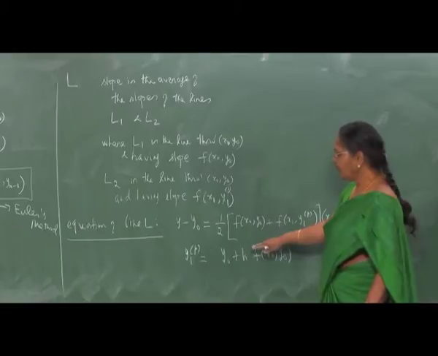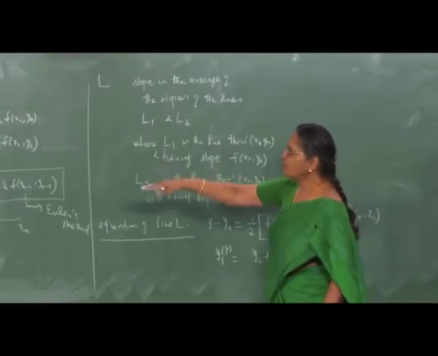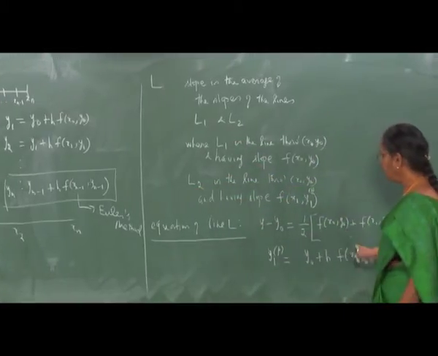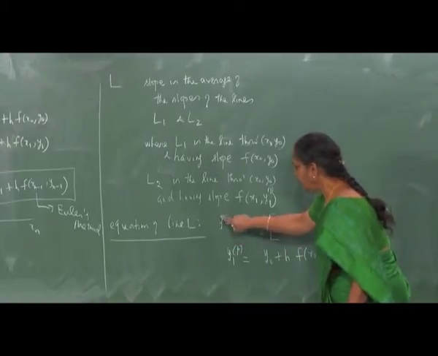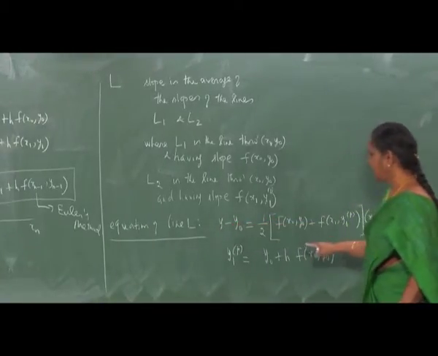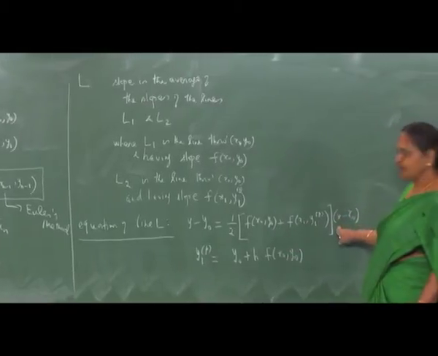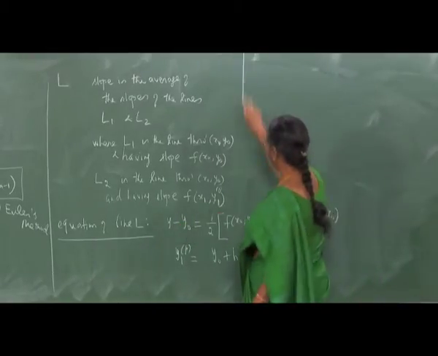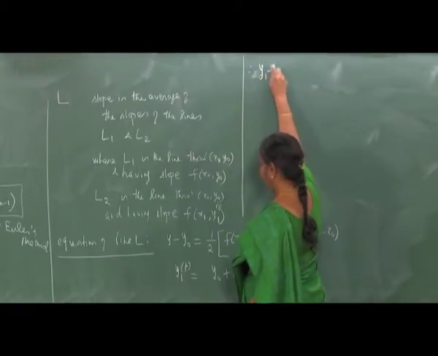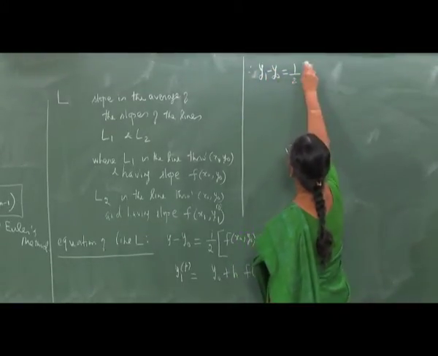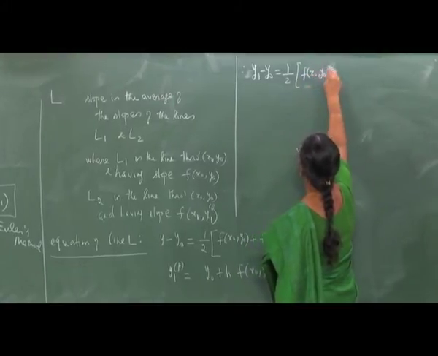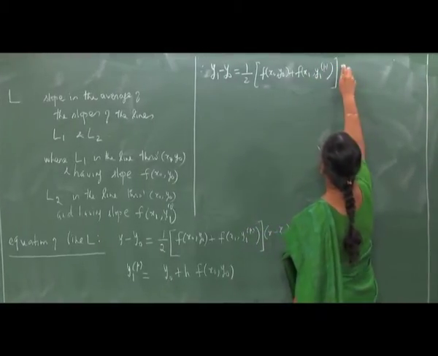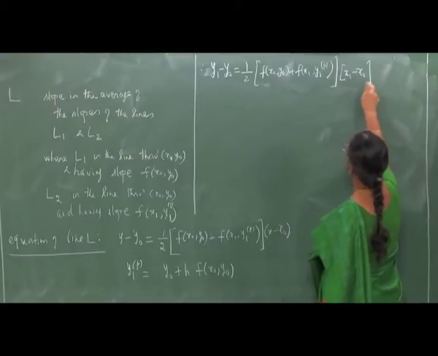Then how do you determine a new value of y1 at x1 because of this modification? The new value is nothing but the ordinate at the point x equals x1. So, we substitute x as x1 and y as y1. So, we get y1 minus y0 equals half of f of x0, y0 plus f of x1, y1 predicted, multiplied by x1 minus x0.